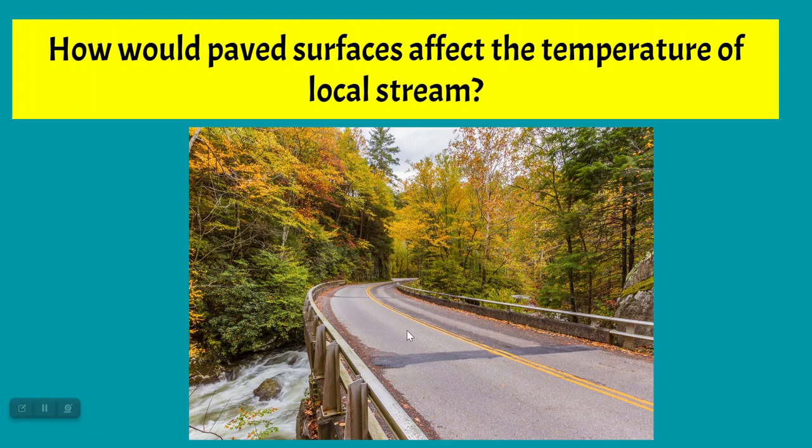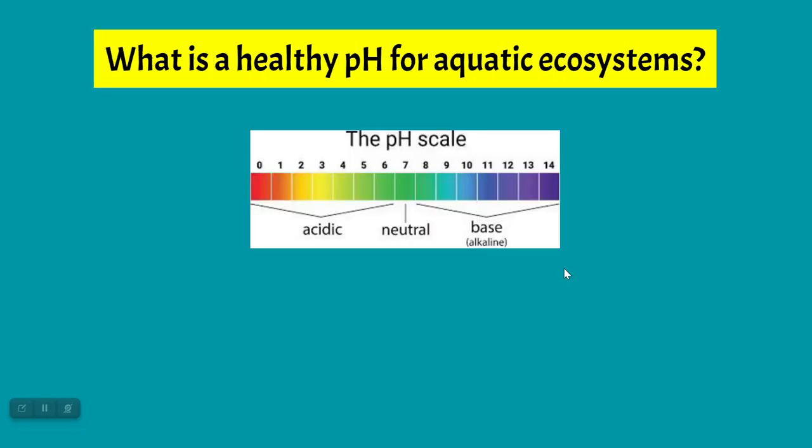So if I have rainwater that touches the pavement surfaces, it's going to heat up just by touching those hot asphalt surfaces, right? So as it runs off, I now have warmer water going into the nearby streams and ponds, so it could raise the temperature.